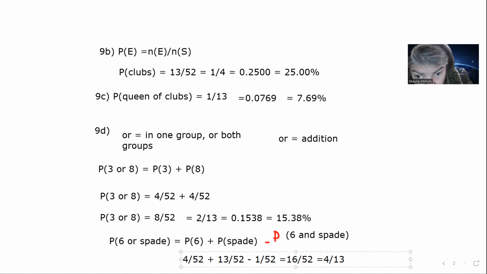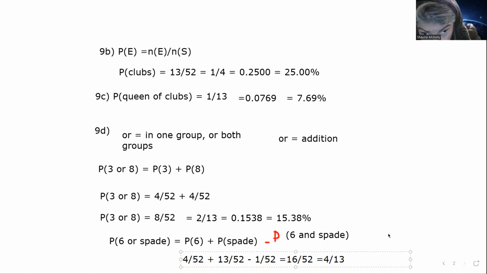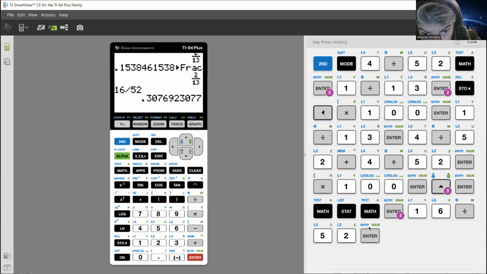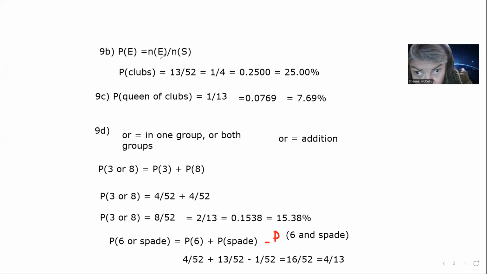Here's the calculator for that. There's my calculator screen, 0.3077. So here, I'm going to stop sharing. This is 0.3077. And I'm going to leave this video here.